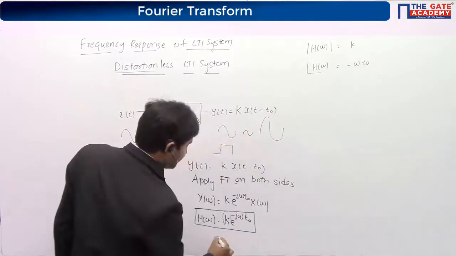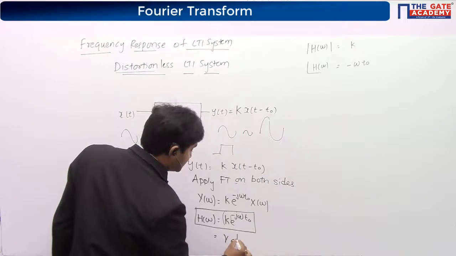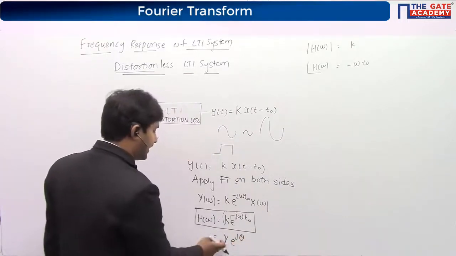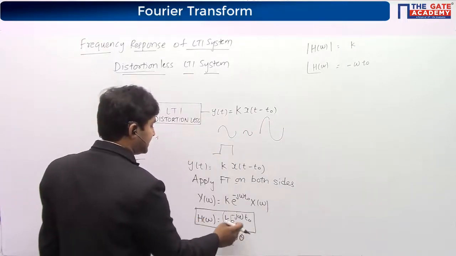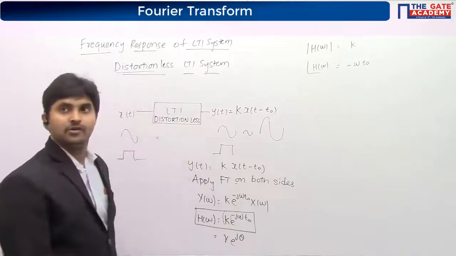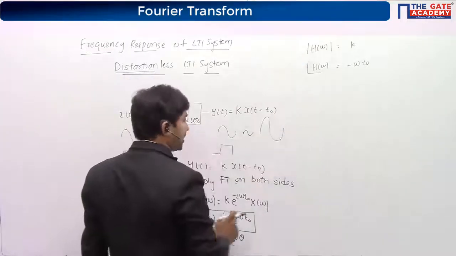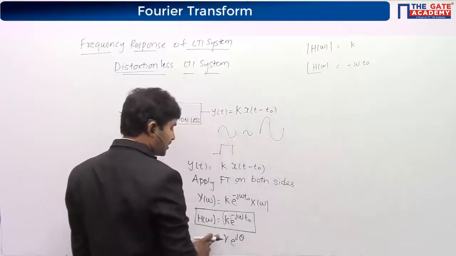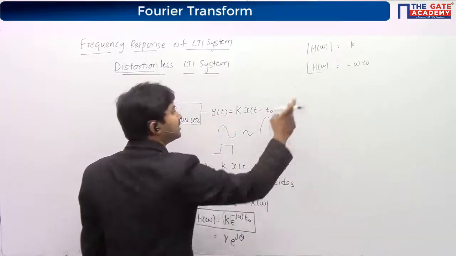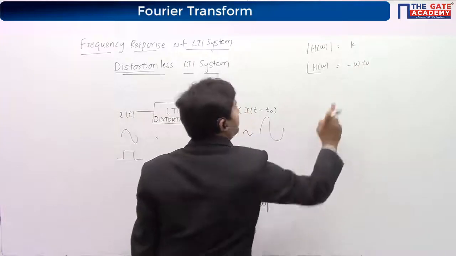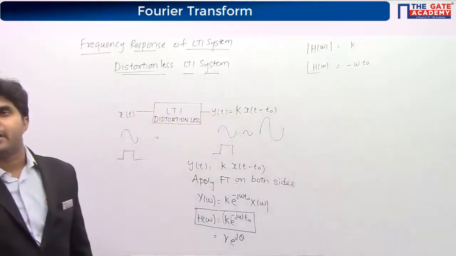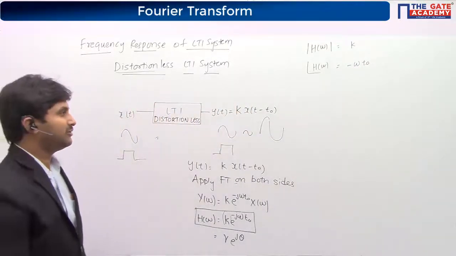In polar form, r e power j theta, r is the magnitude and theta is the phase. So here the magnitude is equal to k only, but the phase is equal to minus omega t naught.